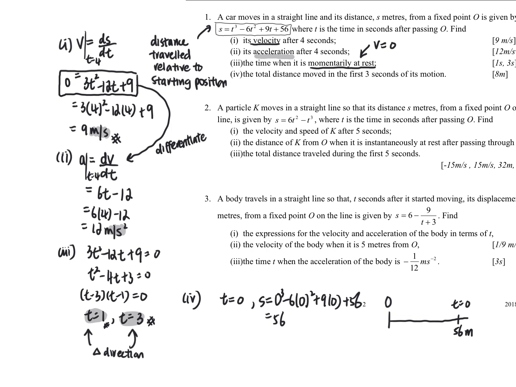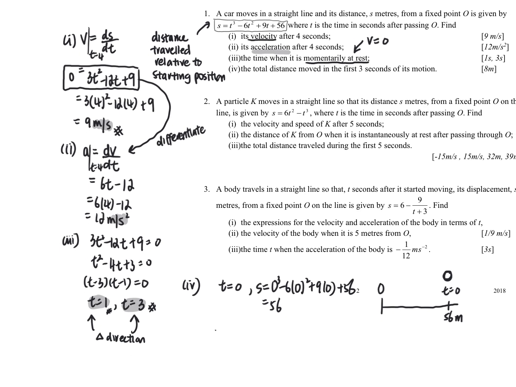At the very beginning, it was here. This is where your particle is, or your car is. Okay, it started off at 56 meters away from your origin. Okay, then now we check at t equals 1. We know the particle will change direction. So let's check the displacement first.